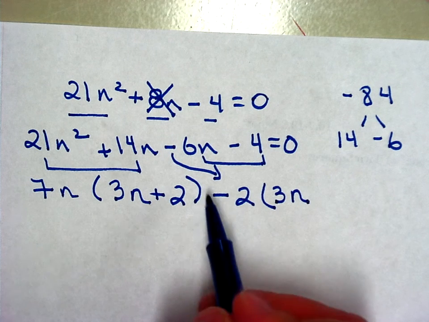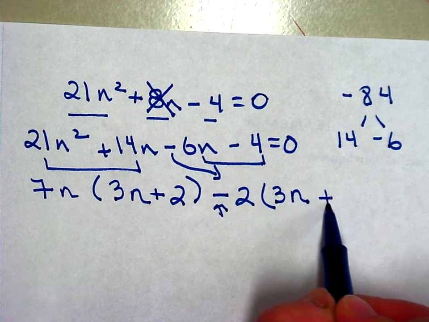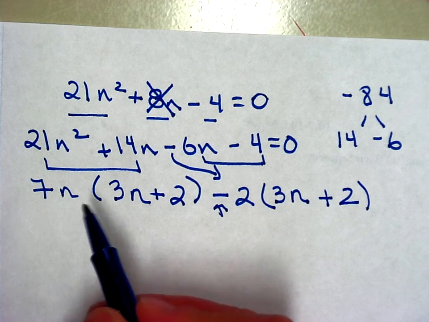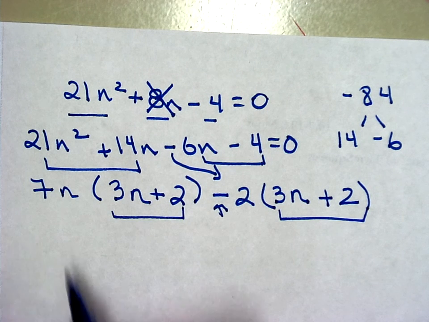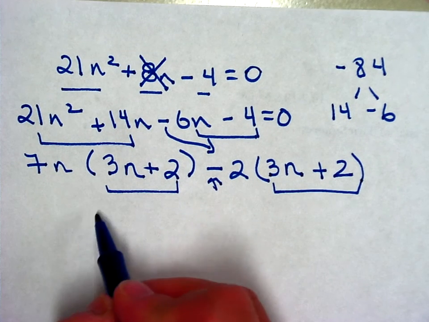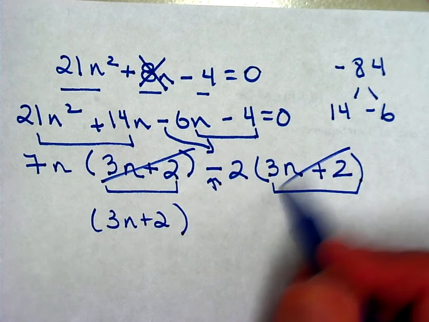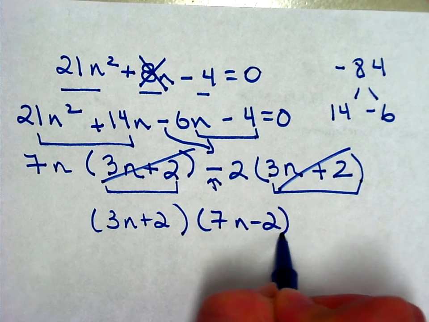Since we pulled out this negative sign, this minus sign will turn into a plus, and 4 divided by 2 is 2. And then I notice these two factors are the same. They should always be the same. So your first factor is 3n plus 2. Then whatever's left over is going to be the second factor. So this is now factored.